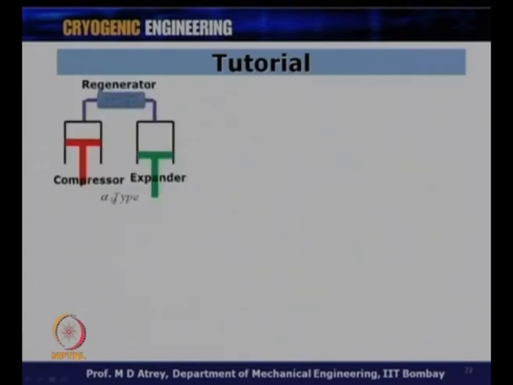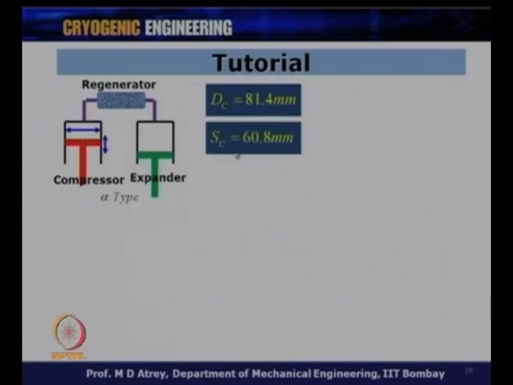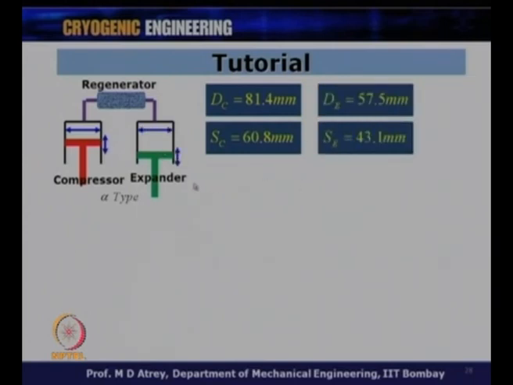So this tutorial gives me, for this compressor expander arrangement, dc equal to 81.4 millimeter as given over here, and the stroke to be 60.8 millimeter. Similarly, the diameter of the expander is 57.5 and the stroke is 43.1 millimeter.